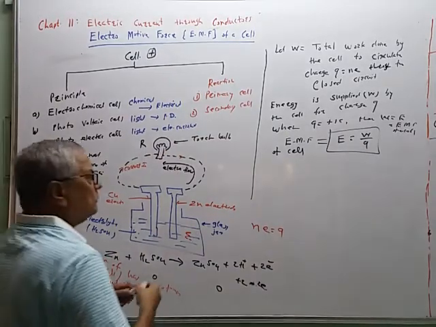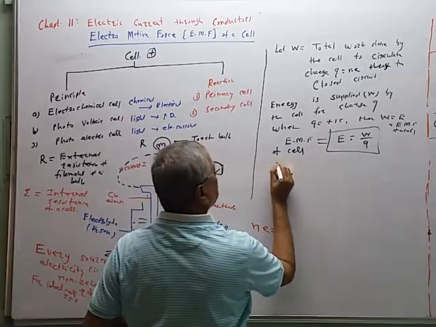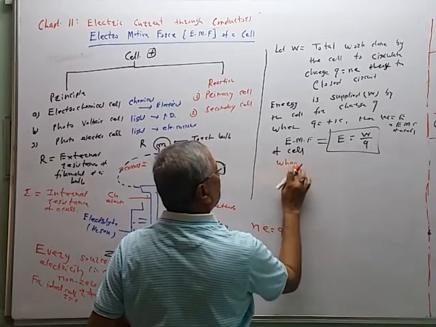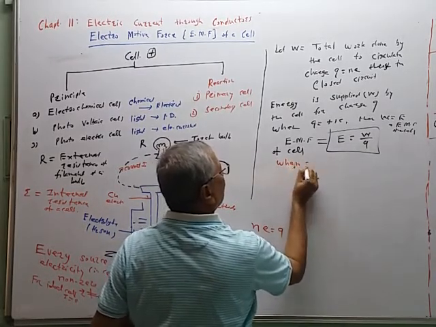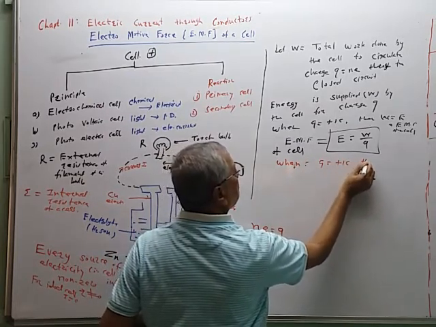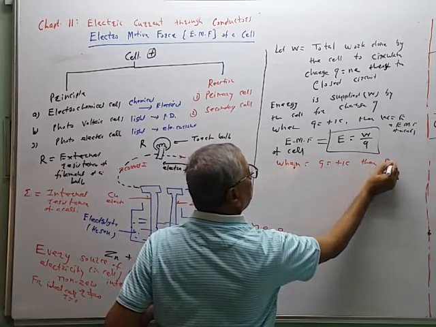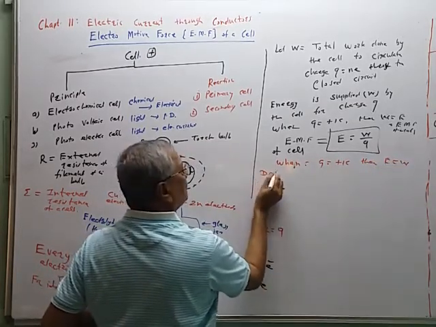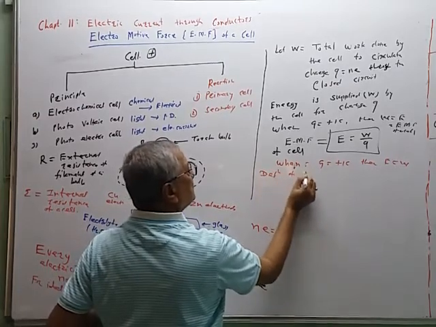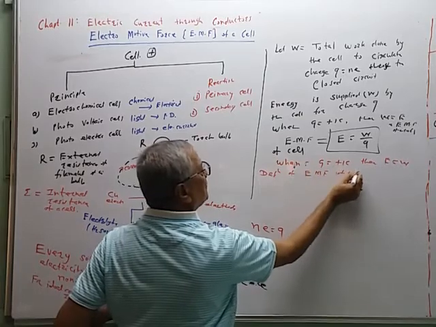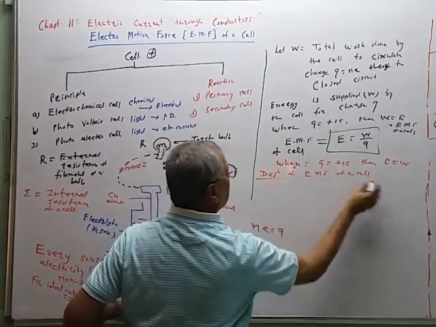So now you can give the definition. When Q is equal to plus 1 coulomb, then E is equal to W. So you can give the definition of EMF of a cell.